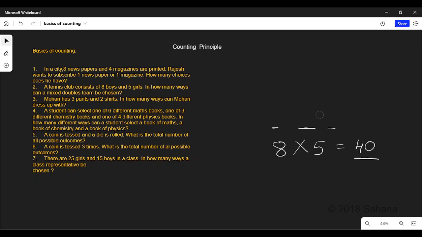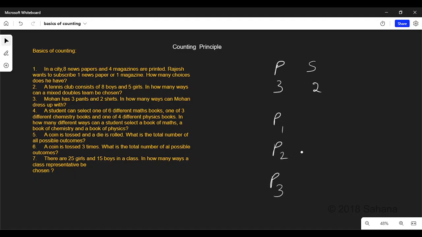Third problem: Mohan has 3 pants and 2 shirts. In how many ways can Mohan dress up? Say this is the first pant, second, third. There are 3 pants and 2 options for shirts. He can pair the second pant with shirt 1 or with shirt 2. So for each pant he has 2 choices of shirts.